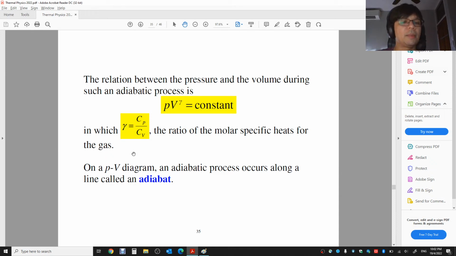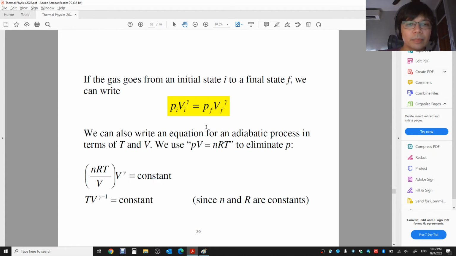On a PV diagram, such an adiabatic process will occur along a fixed curve, which is different from the isotherm, and is called an adiabat. Why is it an adiabat? Because the product PV to the power of gamma must be a constant, so it will produce a fixed curve on a PV diagram. So if a gas is taken from a state i to a state f, the product P_i V_i to the gamma must be equal to P_f V_f to the gamma.